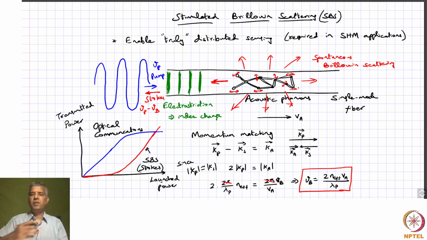We know that when a wave is incident on an object that is moving away, that essentially ends up elongating the wave, and that means whatever is backscattered is going to be of lesser frequency, downshifted in frequency, and that downshift, what we are saying, is dependent on this acoustic velocity, okay. And that actually gives us some idea.